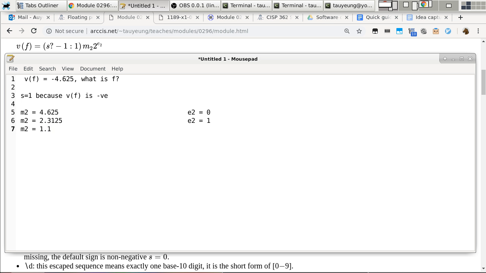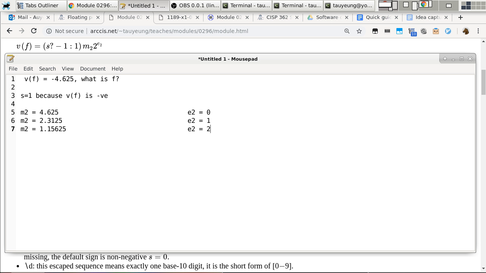My math is so bad. And then it's 125 divided by 2. It's going to be 625. And over here, we got E2 equals to 2. Yay! We got one milestone done because M2 is now less than 2.